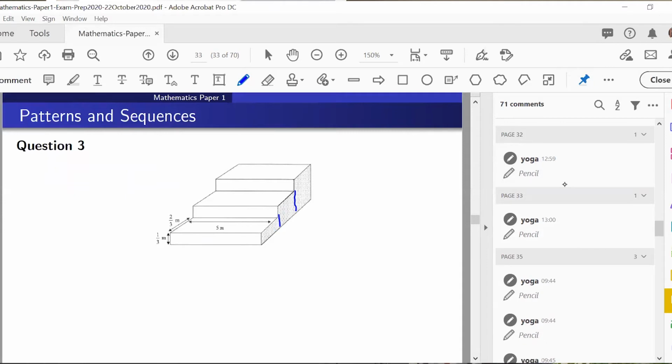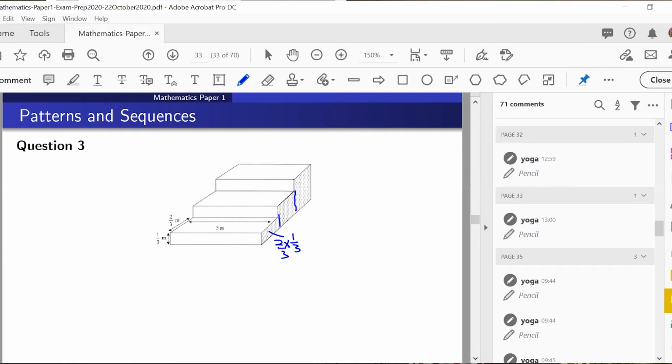Now when we look at them, you will notice that for the first one, the area will be 2/3 times 1.